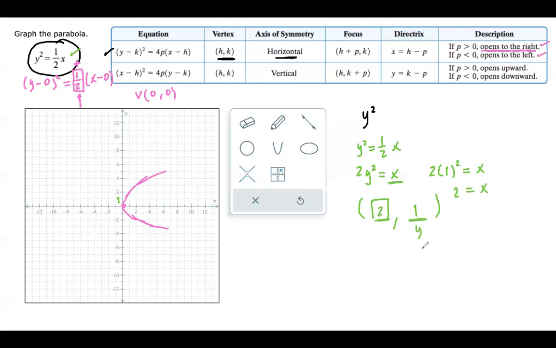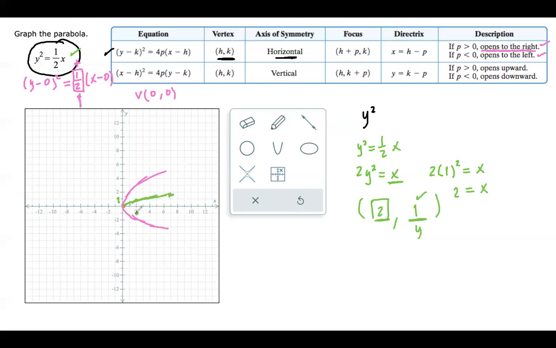It's kind of like the opposite, because instead of having a vertical parabola, we have a horizontal parabola, and instead of substituting an x value, we're substituting a y value of 1 in my equation. And it's telling me that when y is 1, x is 2. So that means that my parabola is going to open something like this.